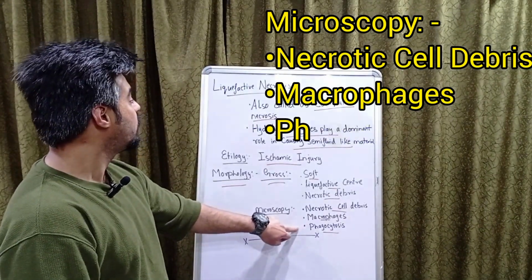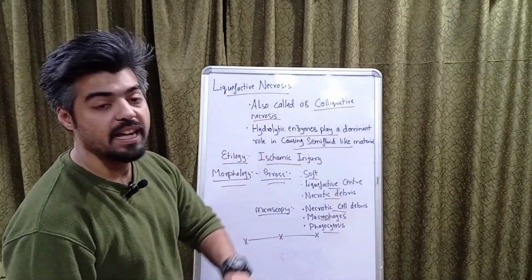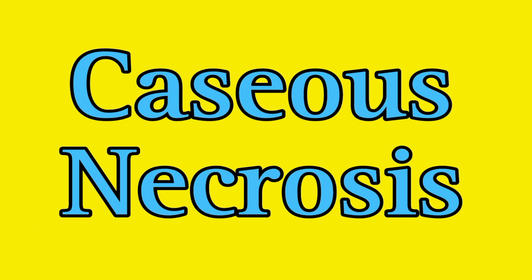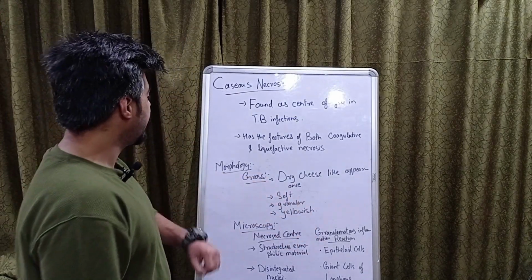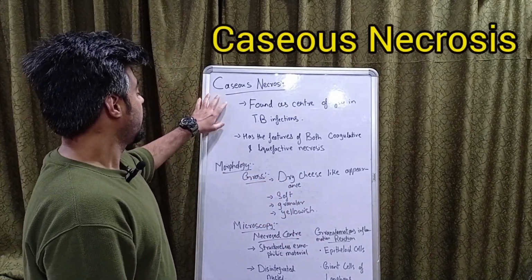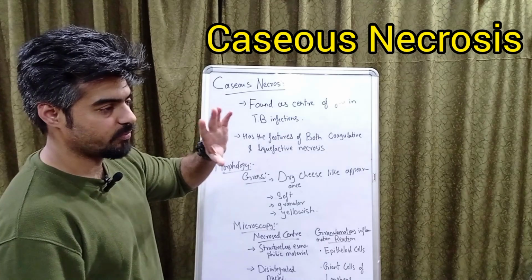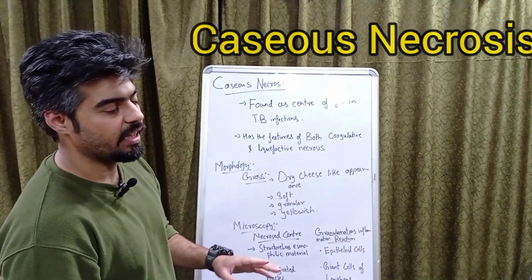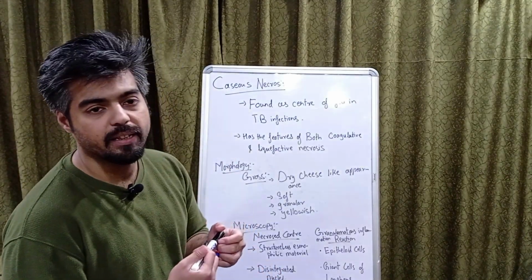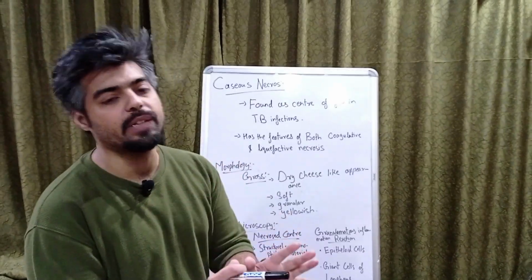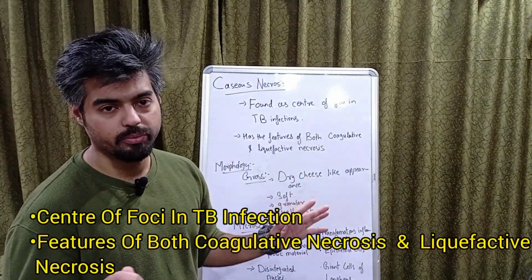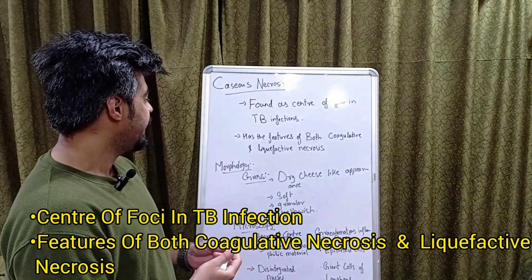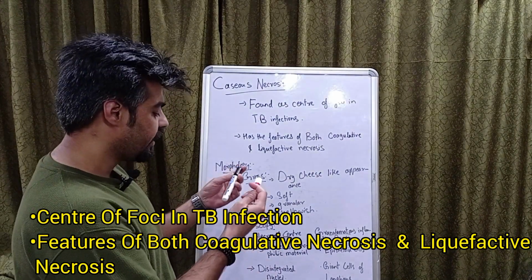Okay, let's go to the next type of necrosis, and that is caseous necrosis. So, guys, coming next to caseous necrosis, it is found as the center of foci in TB infections, in tuberculosis.